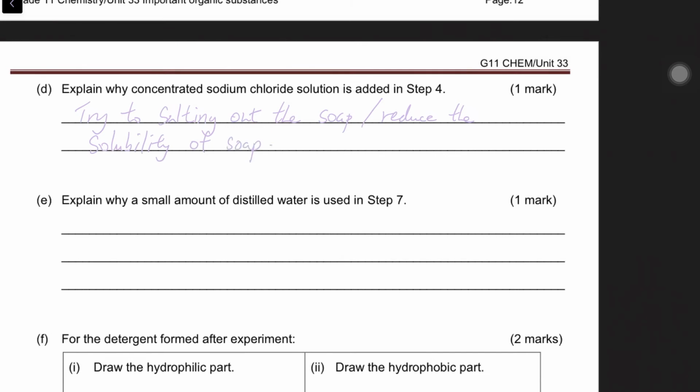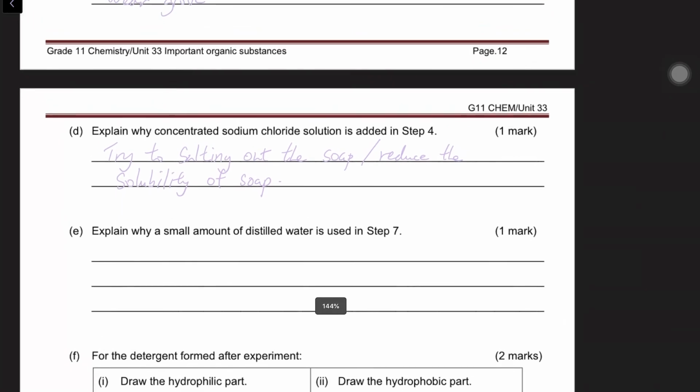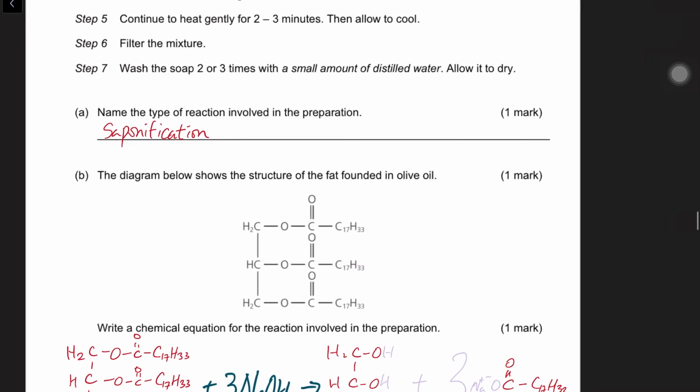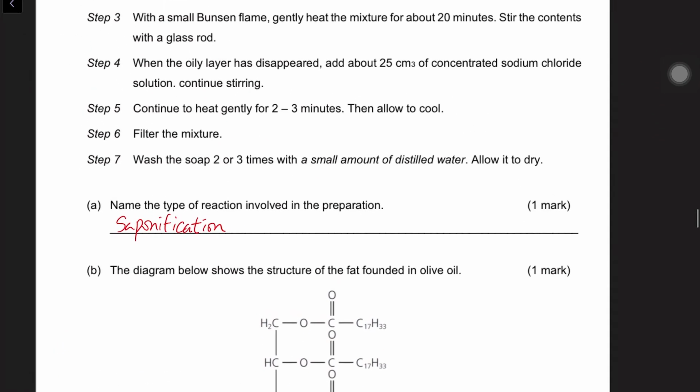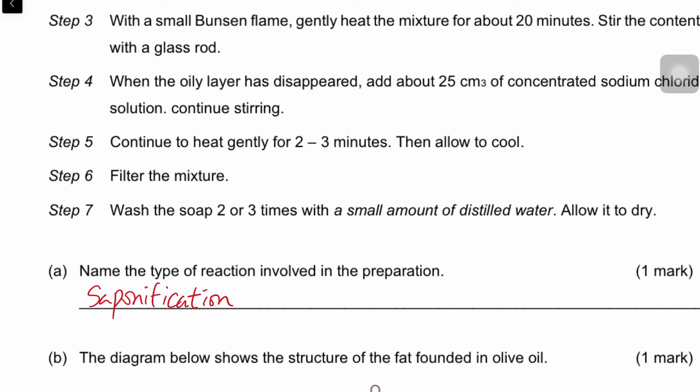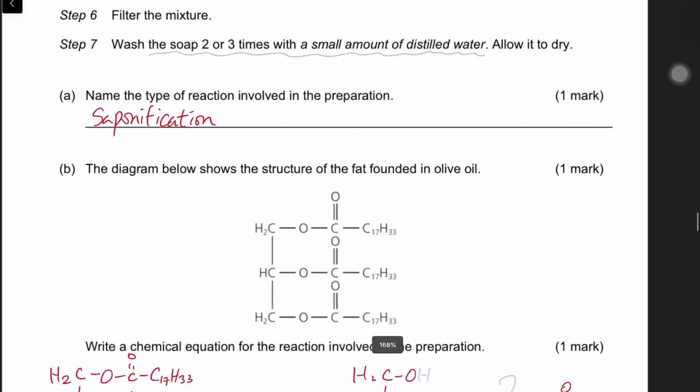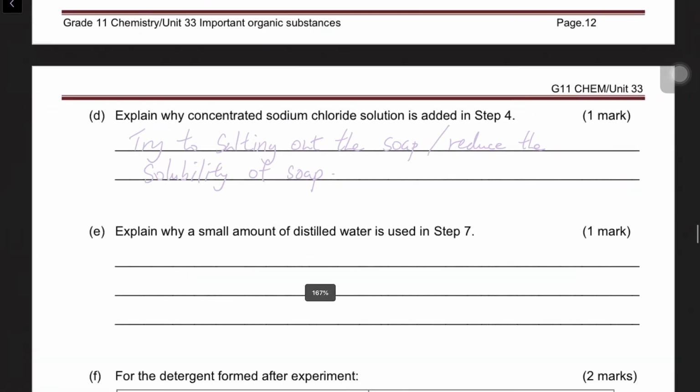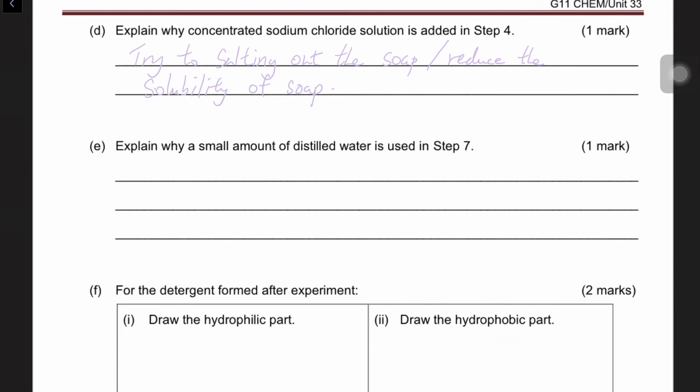Now, in step 7, a small amount of distilled water. So let's see what the experiment carries on. After filtering the mixture, we wash the soap with a small amount of distilled water. Okay, so what is the purpose of that? The soap we just formed is highly alkaline because we use sodium hydroxide to prepare it.